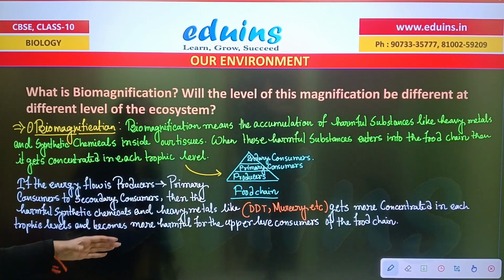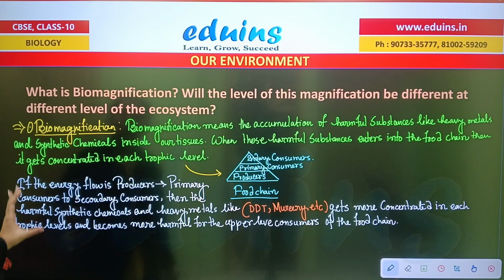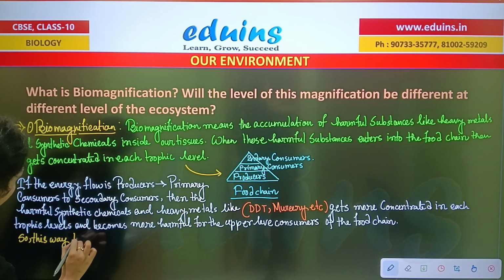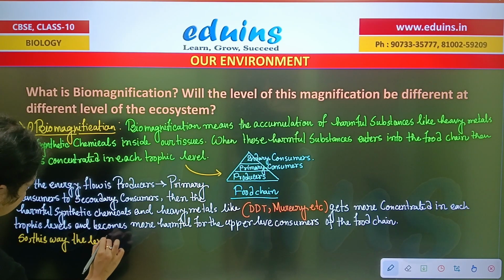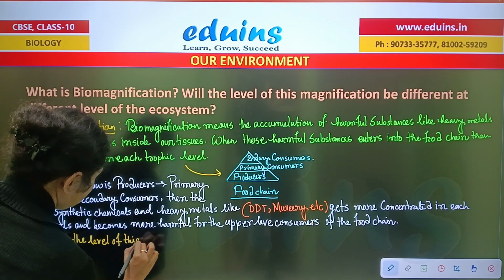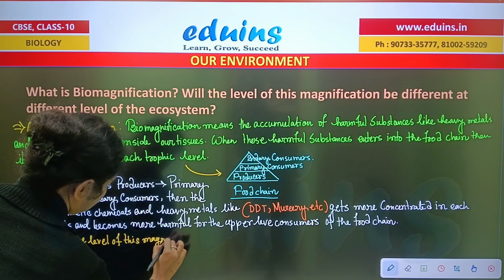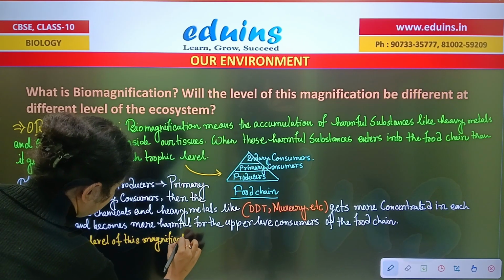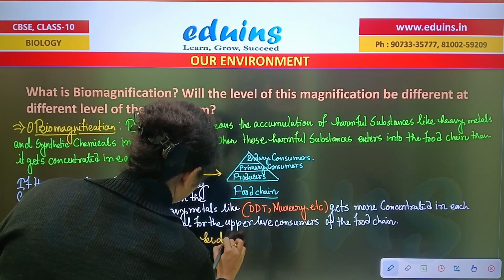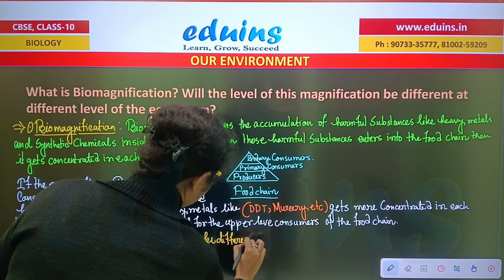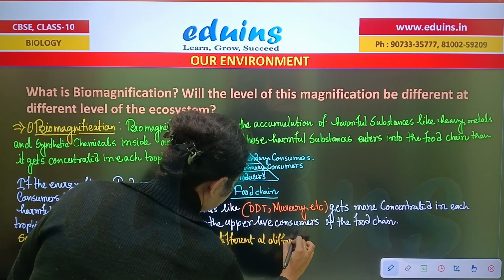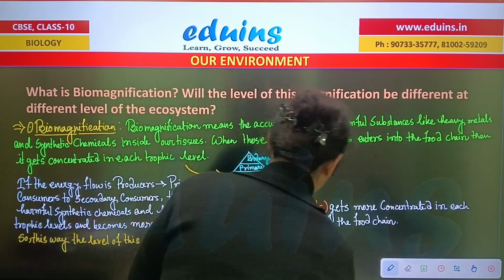Okay, so this way the level of this magnification is different at different trophic levels.